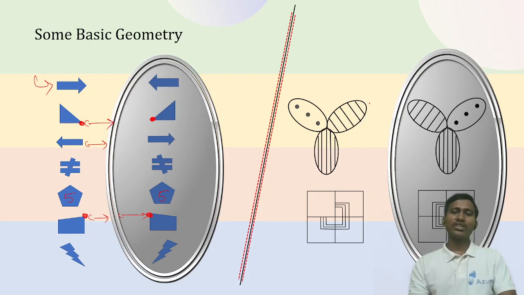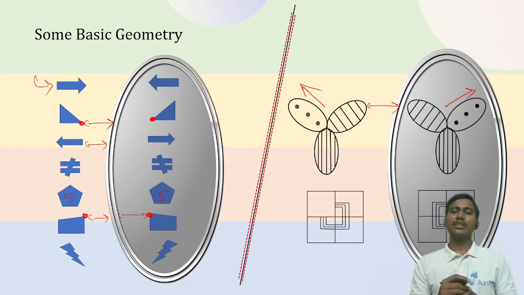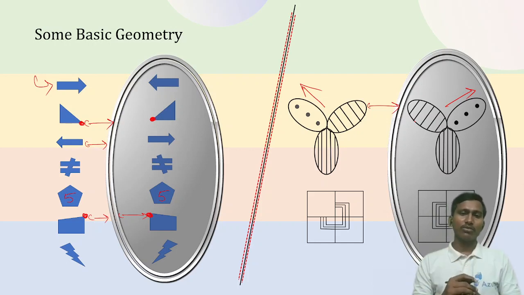Here, if you see, this is near the mirror, so this should come first. And then these are the vertical lines, so vertically it doesn't change anything, so the same thing. And then this is pointing like this, right? So it is away from the mirror, so this should go away from the mirror. Understood? So that is the mirror image of the given diagram.